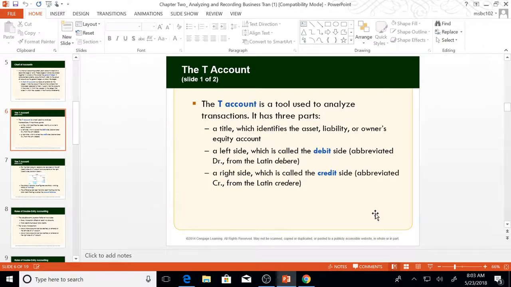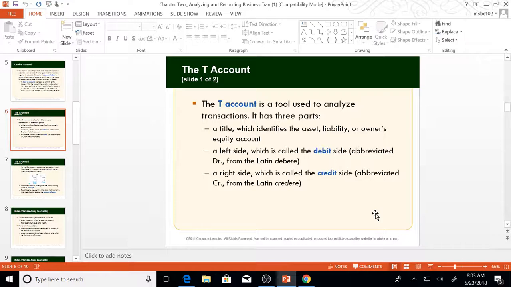If I want it in a very fast manner, I would do a T account, put the pluses and the minuses, and then I will end up with the balance. That's the purpose of the T accounts.